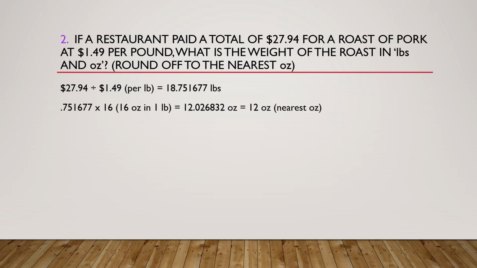If we take that decimal equivalent of pounds, decimal 751677, and multiply it by the amount of ounces in a pound, the relationship, you see that we get 12.026832 ounces. If we round that amount of ounces to the nearest ounce, we get 12 ounces. So the final answer to this particular question is we bought 18 pounds and 12 ounces.